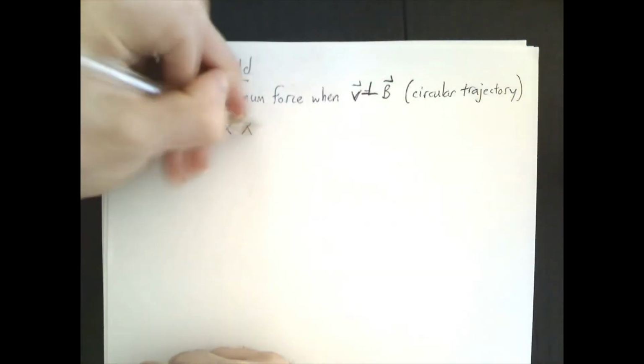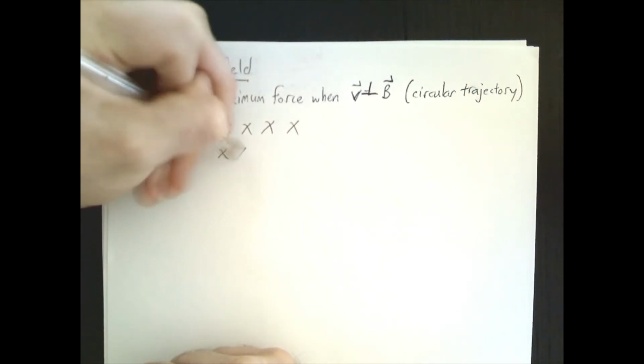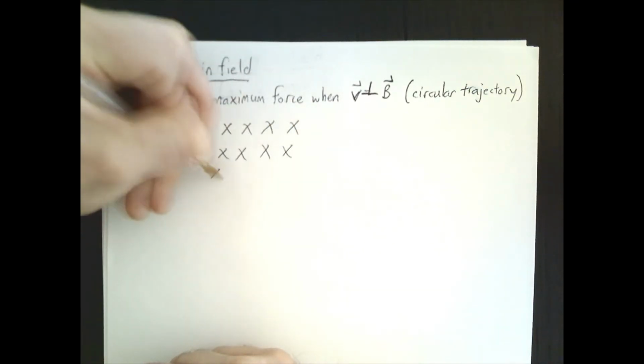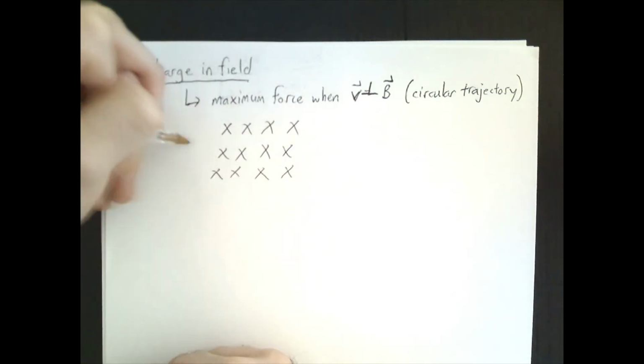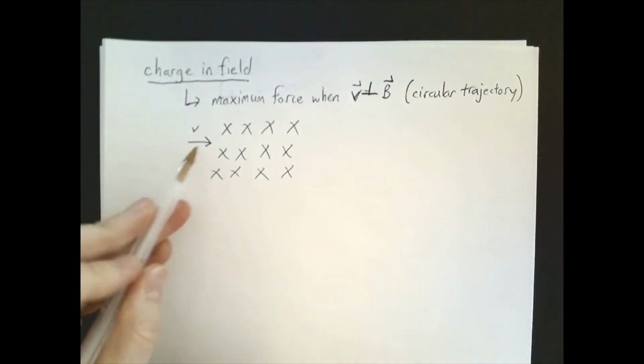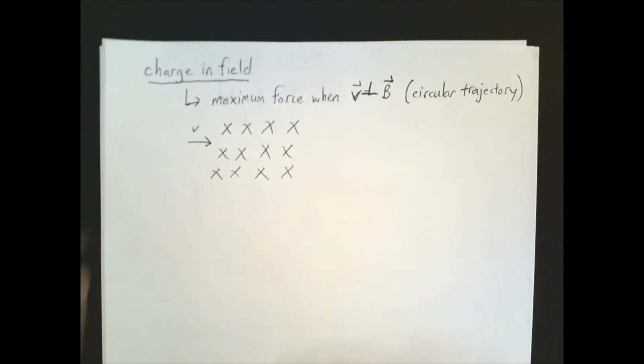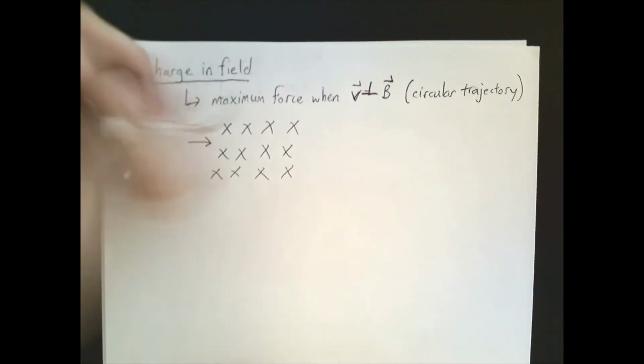Here I'm going to draw the magnetic field going into the page. And my velocity is going to be directly into the field this way. As it goes in, my thumb points to the right, my fingers point down, and it's going to be initially deflected upwards.